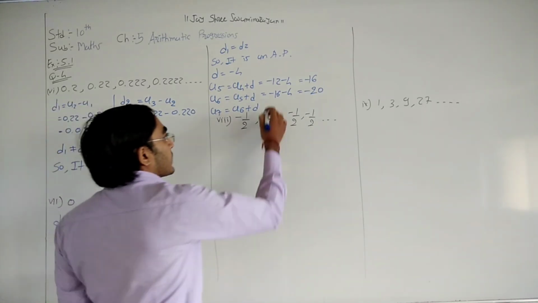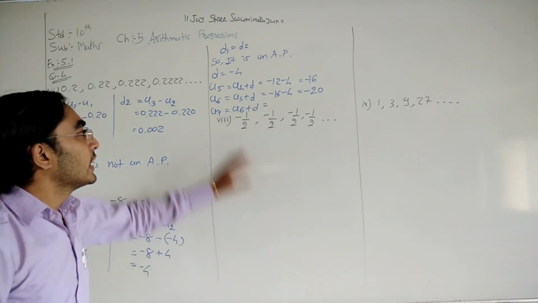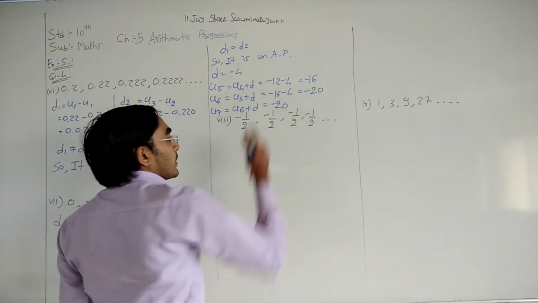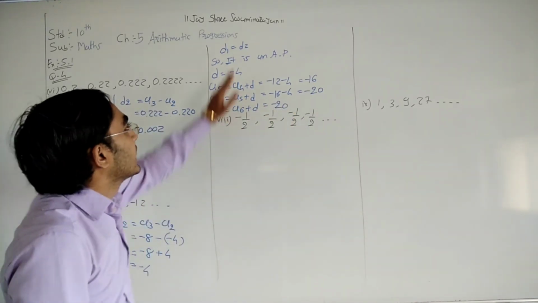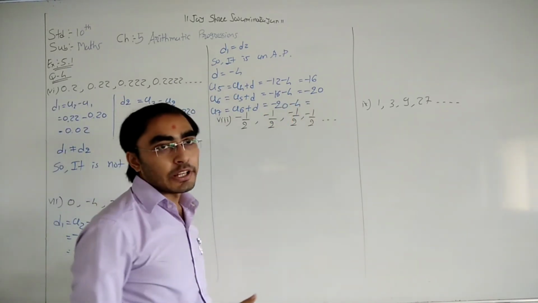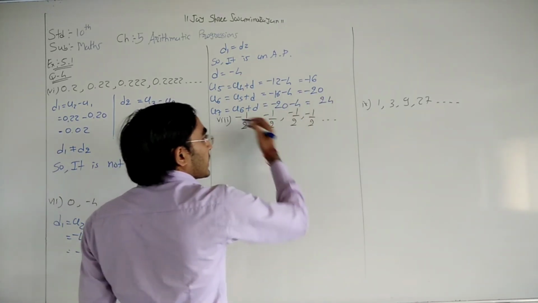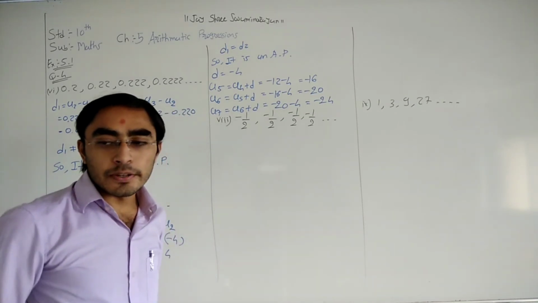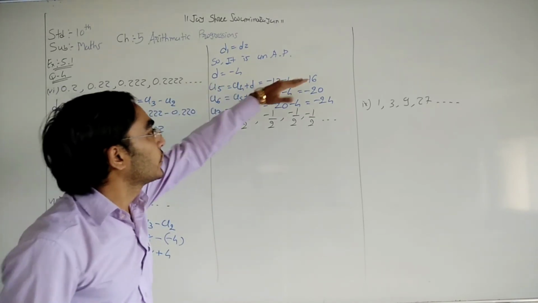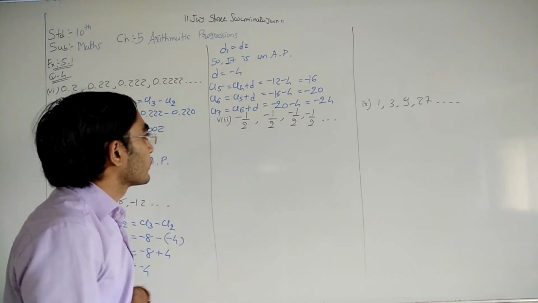After that, A7 is equal to A6 plus D. So A6 is minus 20 plus common difference D, which is minus 4. Finally 20 plus 4 is 24. The bigger number 20 has a negative sign, so here a negative sign. So our A5 is minus 16, A6 is minus 20 and A7 is minus 24.